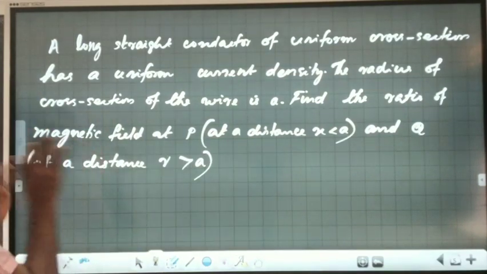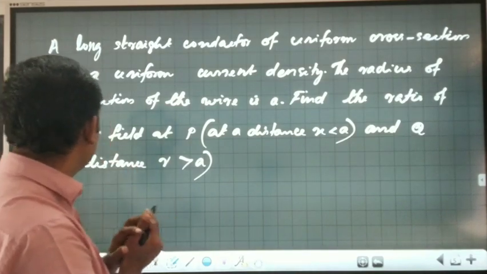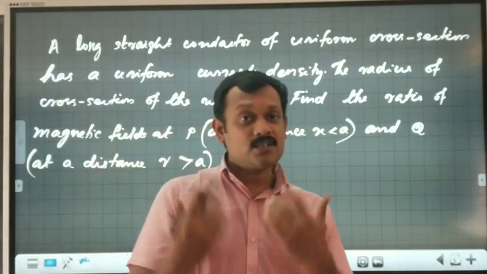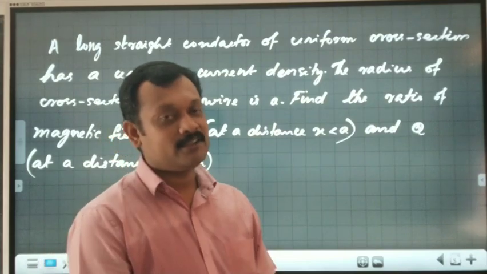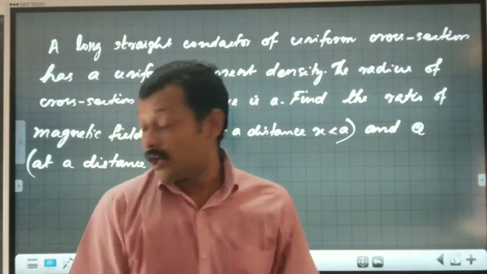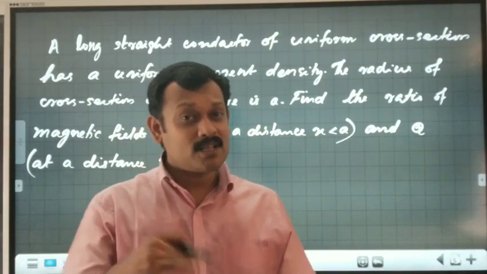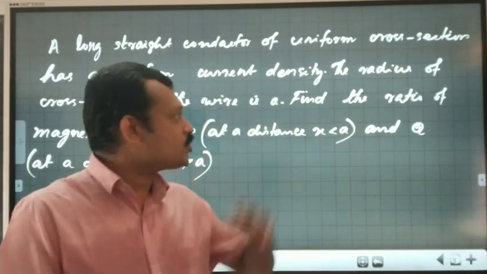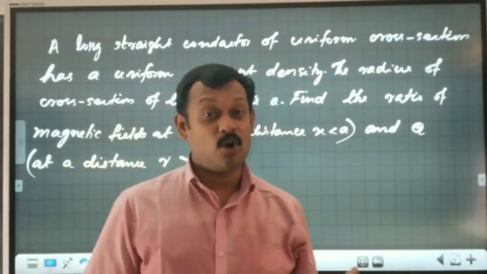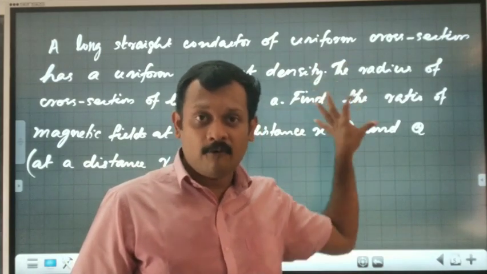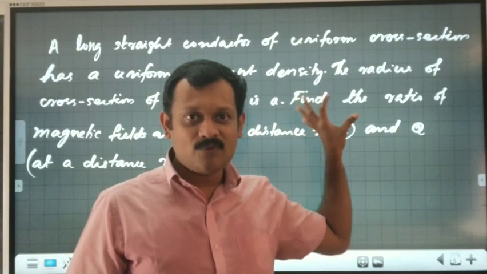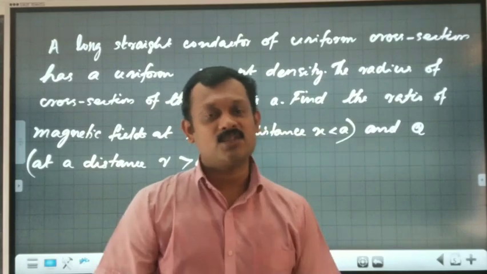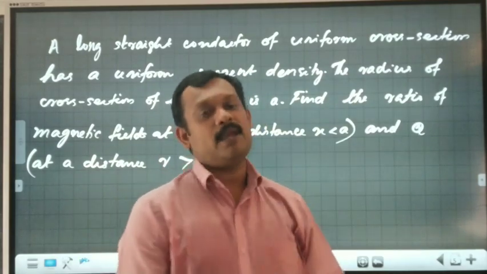So you will get me the answer for the ratio of the magnetic fields at P and Q, where P is at a distance x from the center of the conductor and Q is at a distance R from the center, where R is greater than A. This is a very important question because this is a general formula you are going to derive from here, and we had a question based on this concept in this year's JEE Main as well as the 2017 NEET paper.